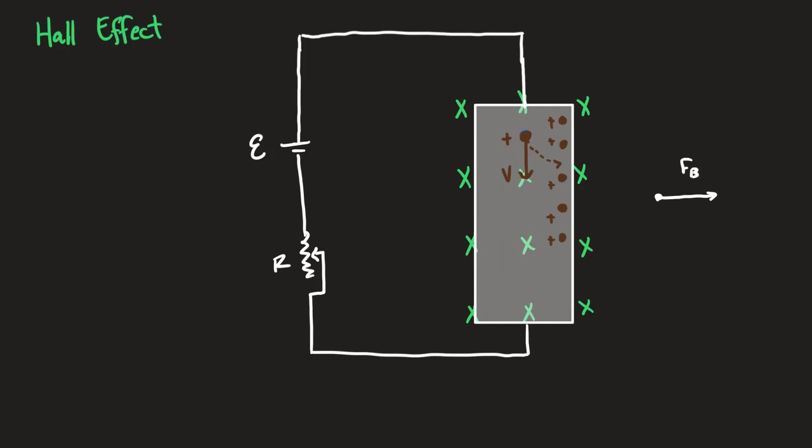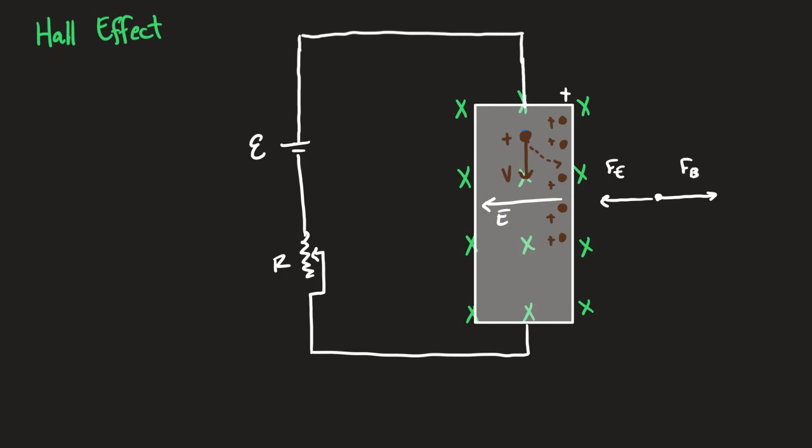Look, as they start to line up on the right side, the foil is going to become positively charged, which is going to create an electric field that's going to be in this direction. They'll do that until the magnetic force and the electric force equalize.